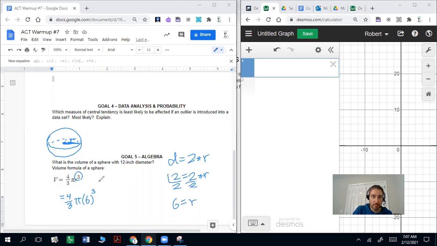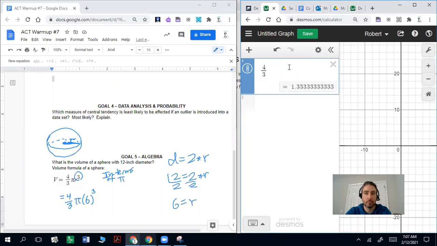So in terms of pi, you would type in everything but the pi into your calculator. So 4/3, parentheses 6, raised to the third power. That's going to give you 288, and we just write the pi next to it.